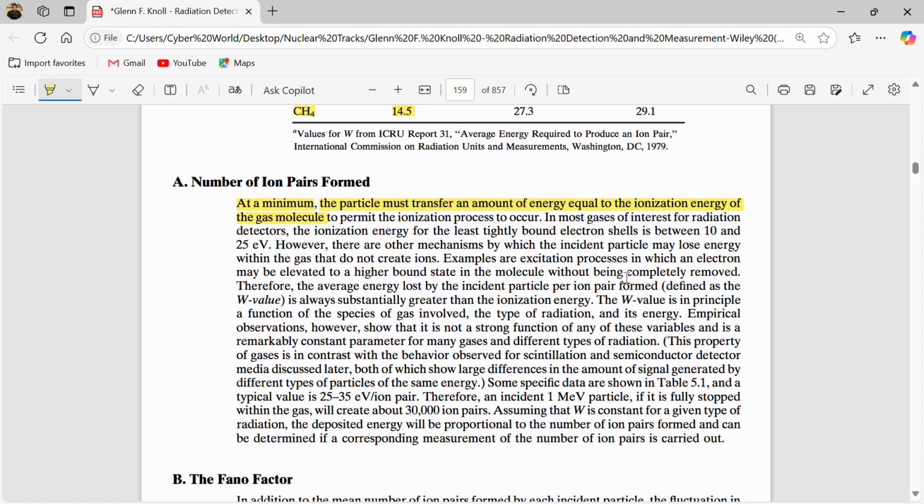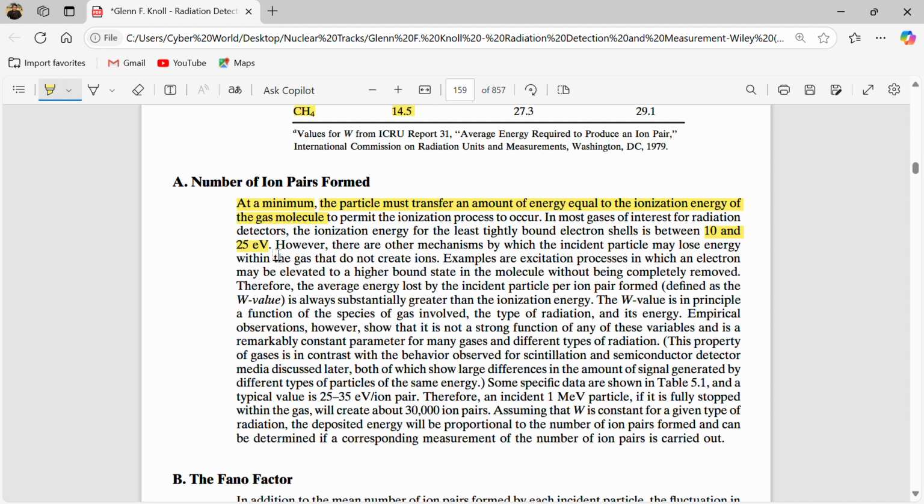In most gases of interest for radiation detectors, the ionization energy for the least tightly bound shell electron is between 10 and 25 eV. This is the least energy we must have.